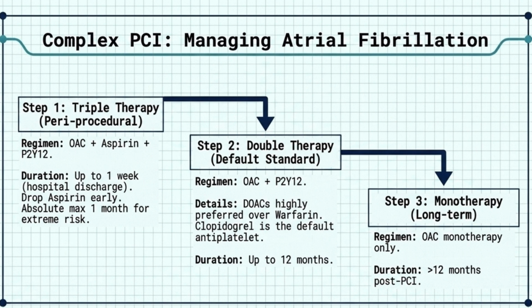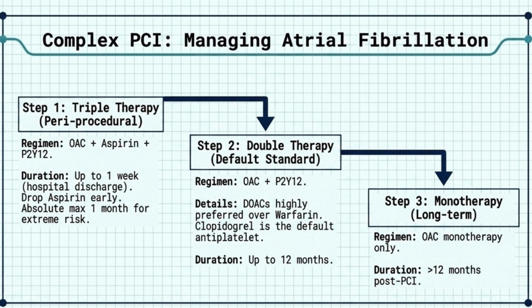After that brief initial window, aspirin is completely discontinued. The patient transitions directly into double therapy, combining an oral anticoagulant with a single P2Y12 inhibitor. This regimen is maintained for a default duration of 12 months.